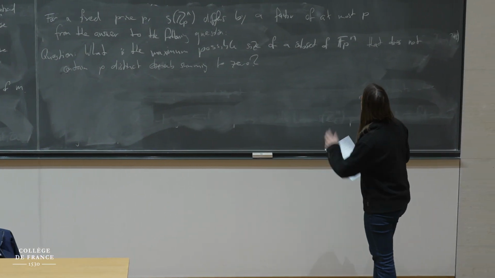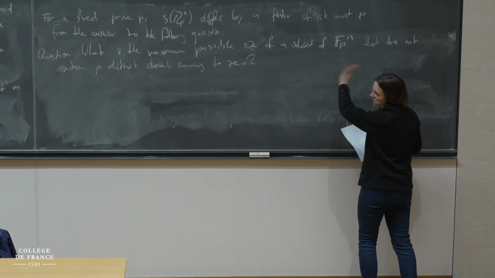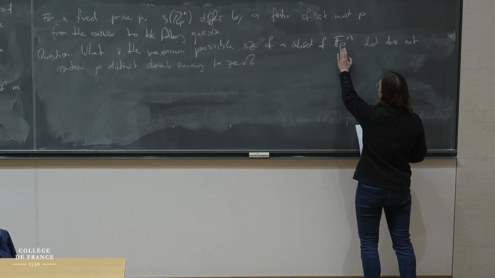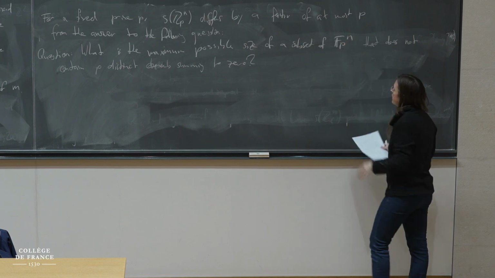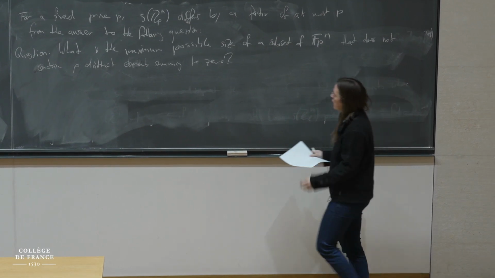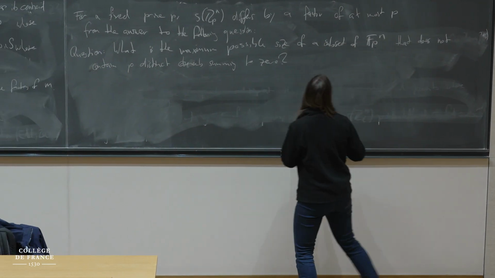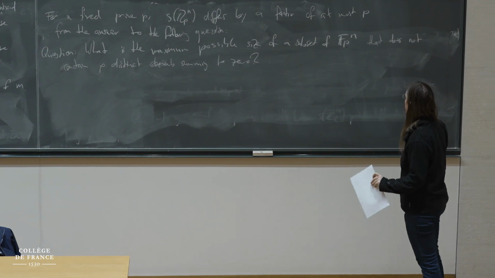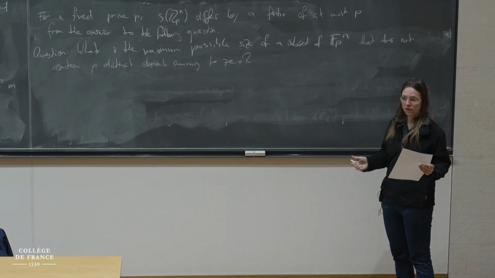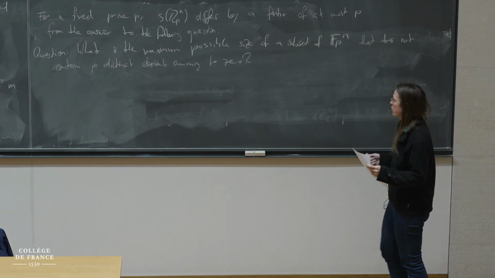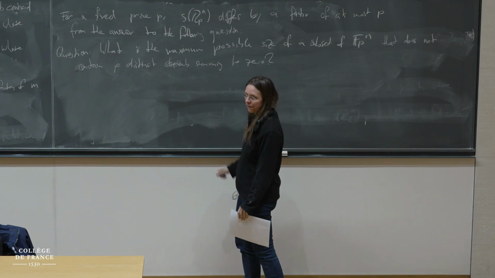So in other words, this is an additive problem. The prime p is fixed, n is large. We look at Fp to the n, and we're asking for the maximum possible size of a subset. We can pick in Fp to the n with the property that we do not pick p distinct points whose sum is the 0 vector.